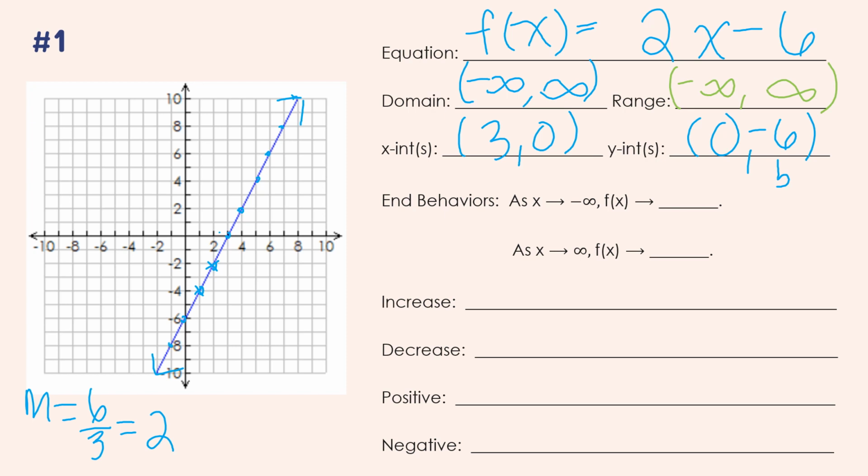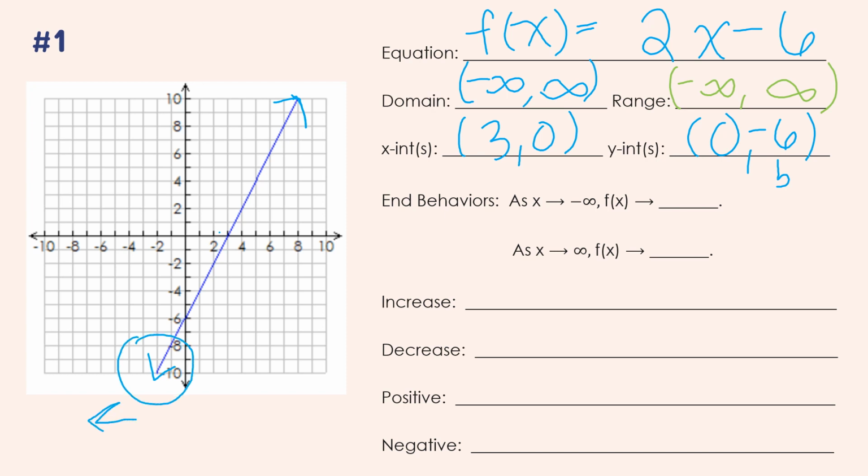All right, next up is end behaviors. So for the end behaviors, I want you to focus solely on the arrows. I'm going to draw those arrows. Even though they weren't drawn, they should be there. All right, and I always go left arrow and right arrow. So this one right here is a left arrow.